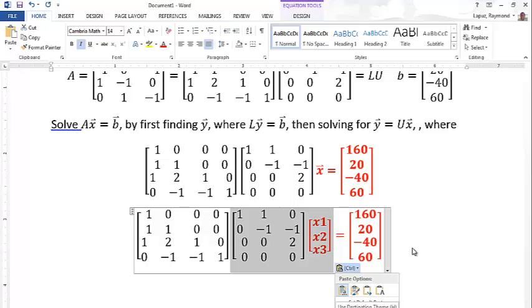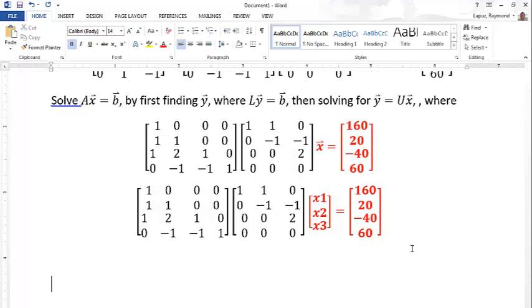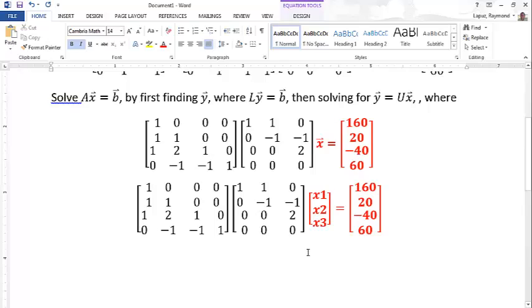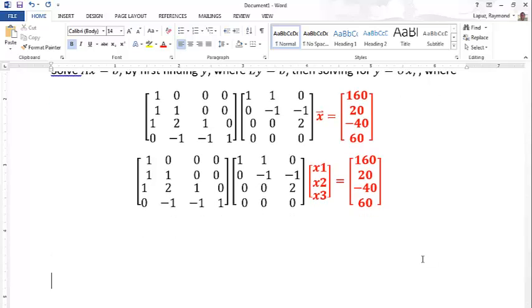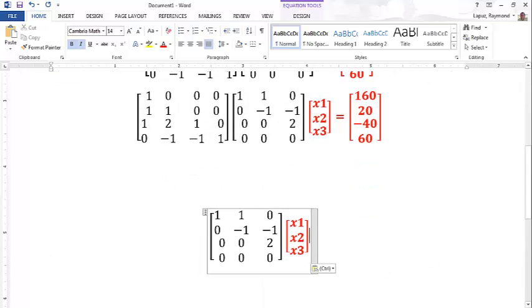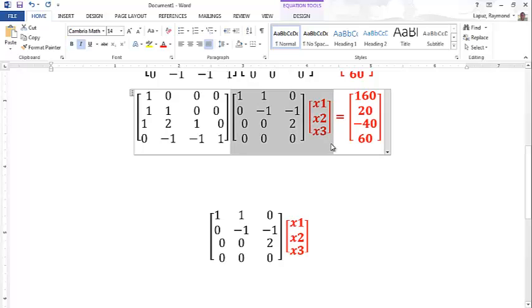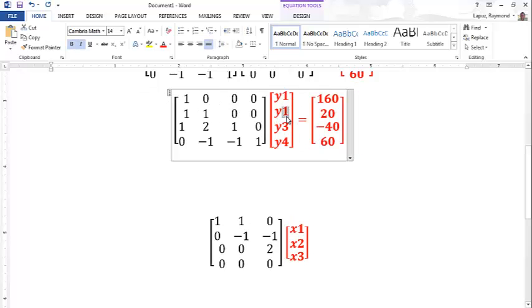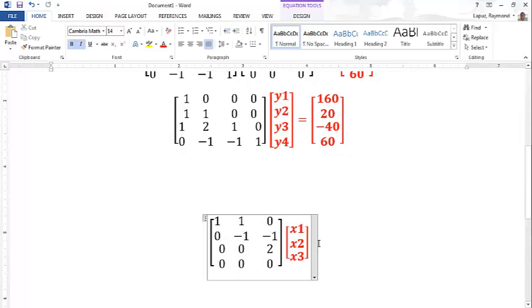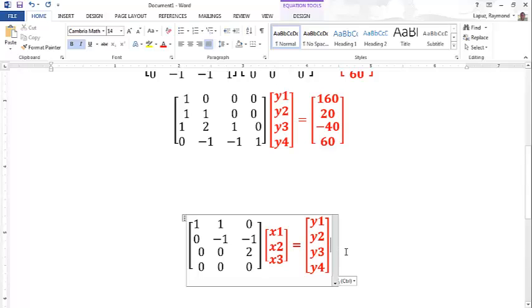So I'm going to go ahead and make a copy of this down below, set it down below, and then we're going to set this equal to our Y. So this is going to be your Y vector, which means this is supposed to equal your Y vector, whatever it's going to be.